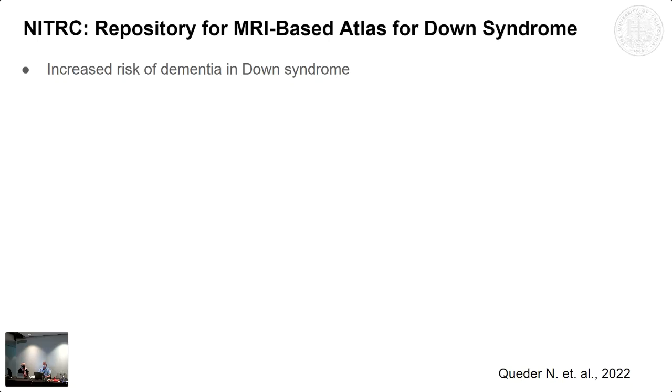So we actually end up excluding a lot of participants in our study. All of this motivated us to create an MRI-based Down syndrome brain atlas for the use of amyloid and tau assessment in the brain in the Down syndrome population.